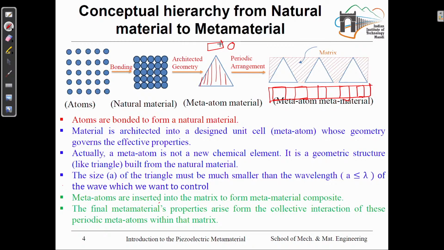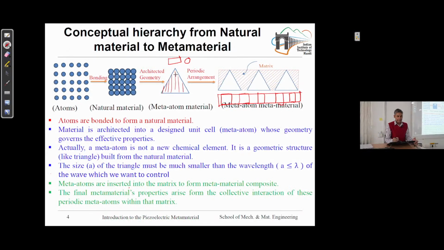So again, what we have now are atoms, and we know that atoms are bonded to make the materials. We have the material, and then we can give it a specific shape, or we can design a special architecture to make the meta-atom.